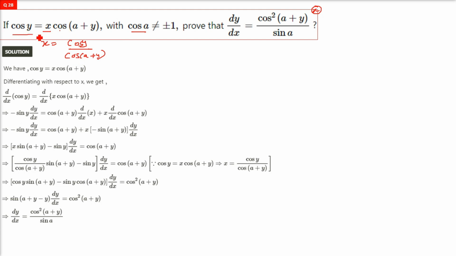Let us go the normal way we were solving. Left hand side, right hand side: left dy/dx, right other things.